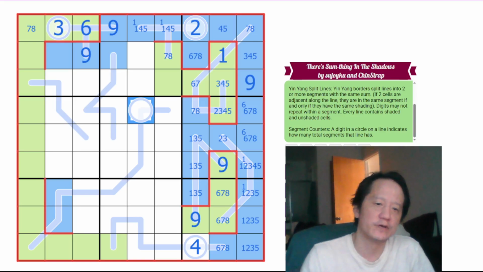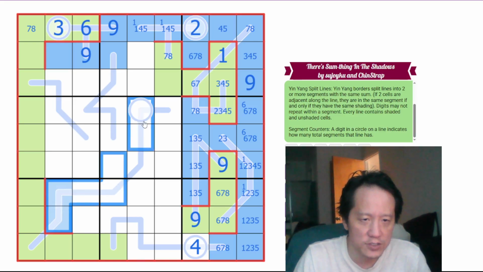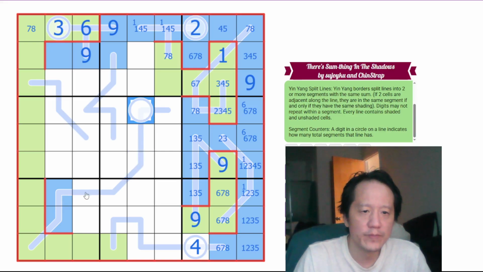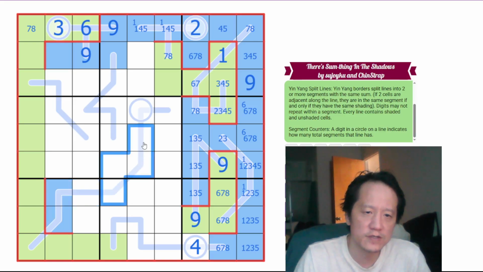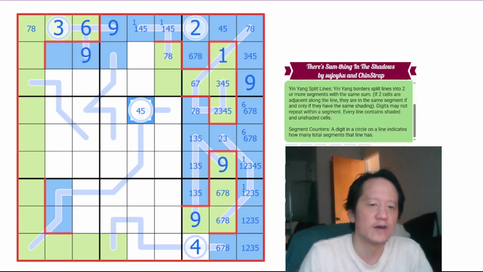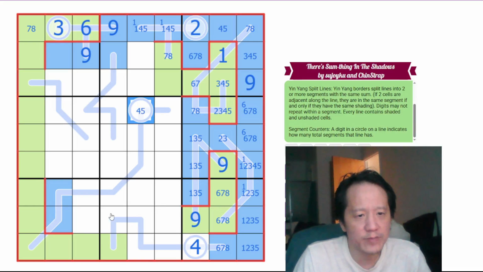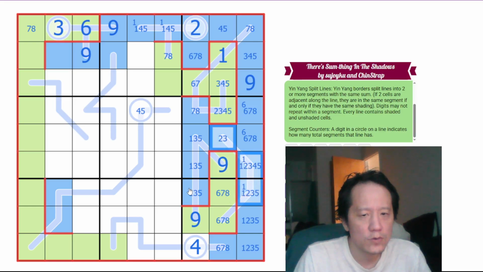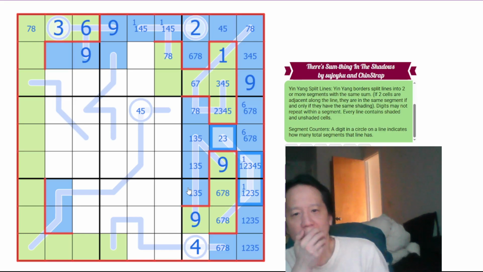Okay, can't be 2 because this is too many digits to be just 2. Maybe 3. It's 1, 2, 3, 4, 5, 6. No, it can't be 3. It's at least 4. So 4 to 5. Maybe 6? I'm not sure. So 1, 2. Hmm.